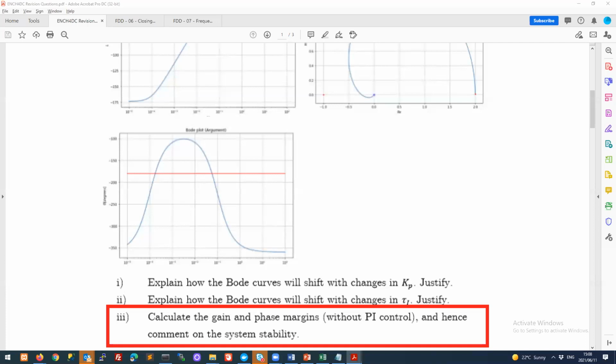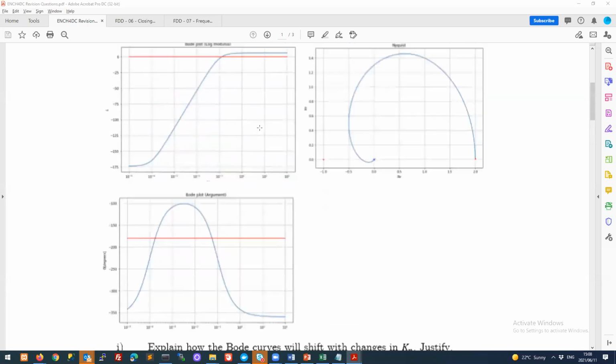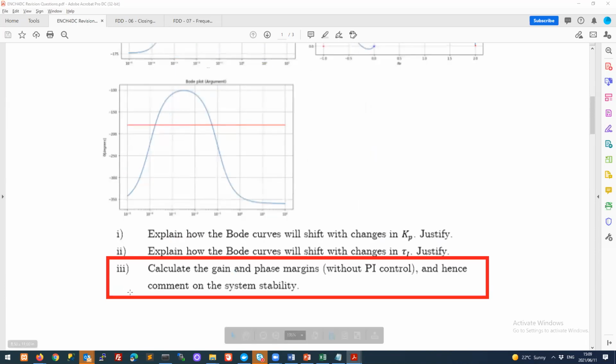So is that the question? Yeah, maybe Mohammed. So we can go through that and just see how to get the gain and phase margin. Is that what you wanted me to cover there, Mohammed? Where are you? Yes, Prof.